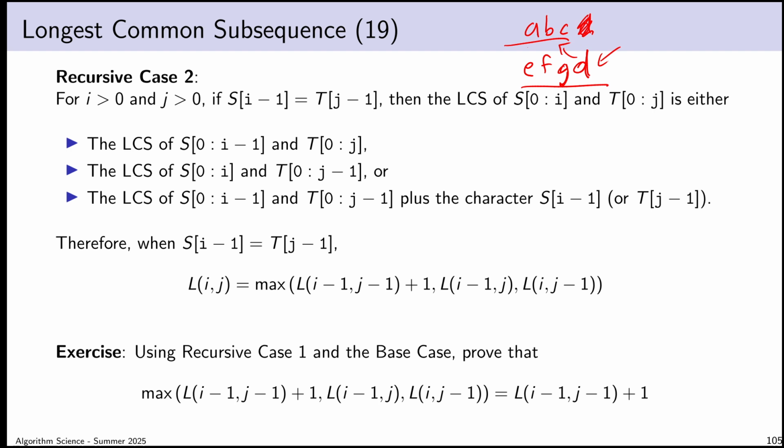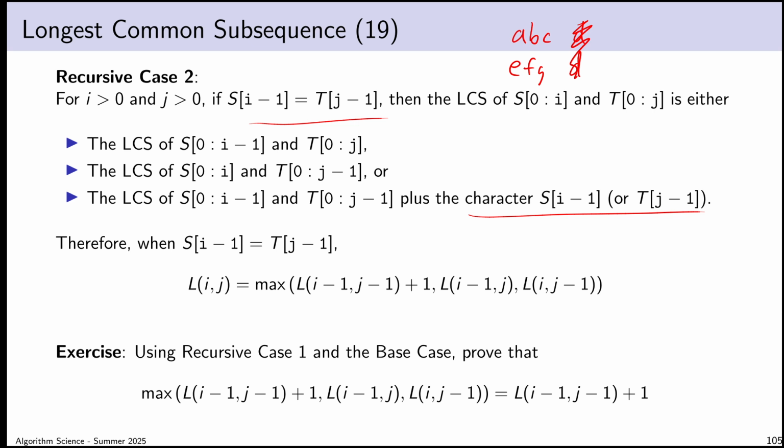So in the case where the last character of the two substrings is equal, the length of the longest common subsequence is the longest common subsequence of all but one character of S and everything in T, or of everything in S and all but one character in T, or the one that results from getting rid of the last character of both of them, so subtracting one from both indices, plus the extra character that I know is equal, because I'm in the case where S of I-1 equals T of J-1.